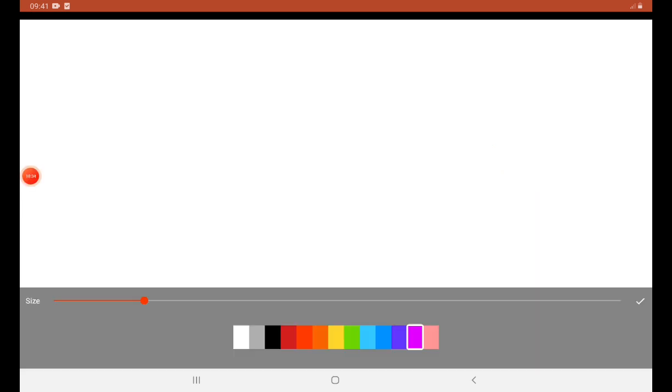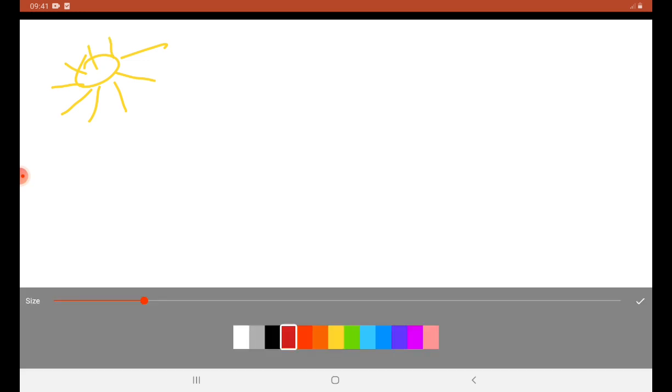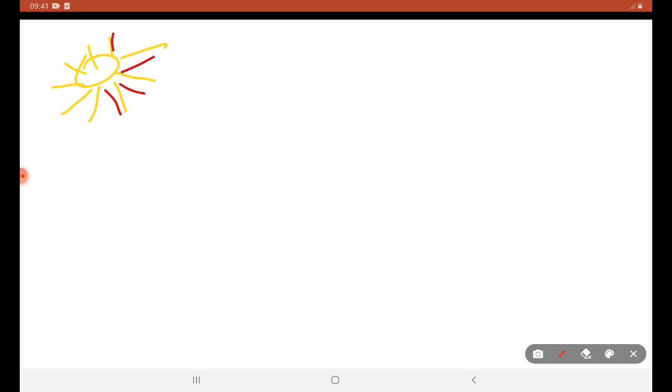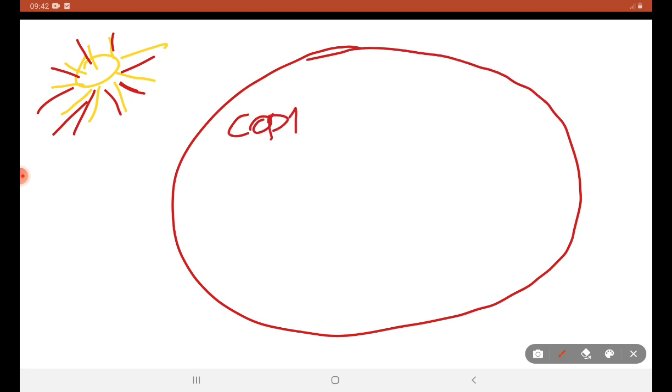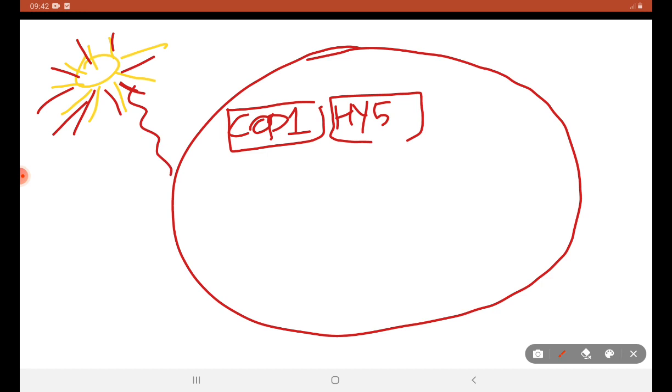During light, if light is present, what will happen? Consider this as the nucleus. We have COP1 and HY5. When light is irradiated, COP1 moves outside to the cytosol.